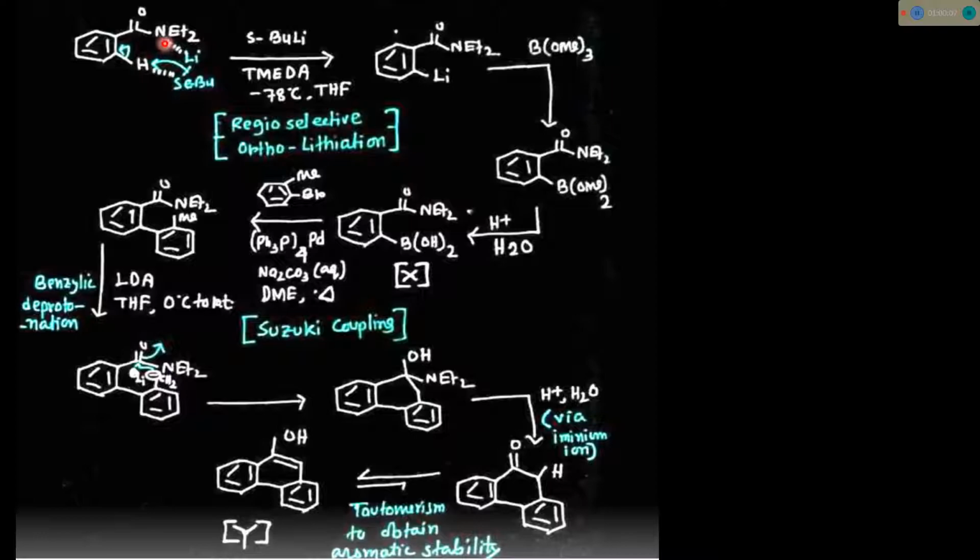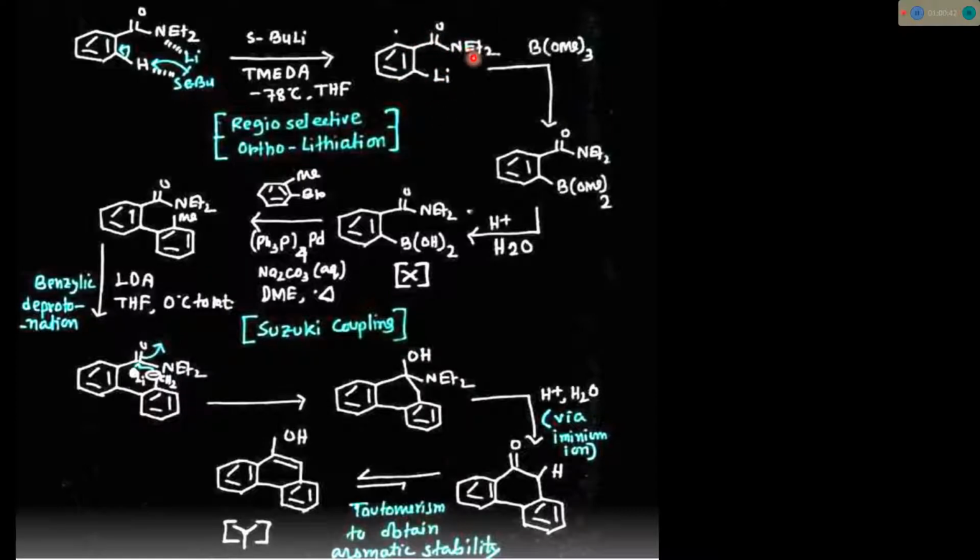There are two ortho hydrogens, and any one of them is abstracted by this butyl lithium, and lithium is attached there, meaning there is a negative charge. I think many of you already know this regioselective ortholithiation.